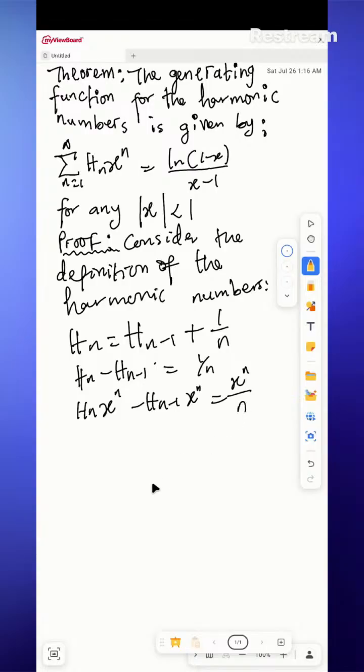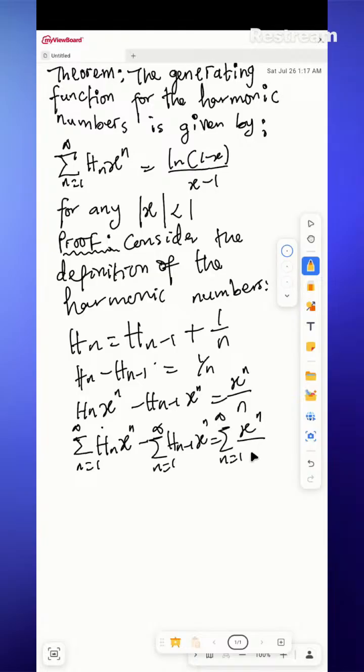So what you're going to do next is to sum both sides from n equal to 1 to infinity. So summing both sides from n equal to 1 to infinity, we're going to have sum of n from 1 to infinity of Hn x raised to the power of n minus sum of n from 1 to infinity of Hn minus 1 x raised to the power of n is equal to sum n from 1 to infinity of x raised to the power of n over n.